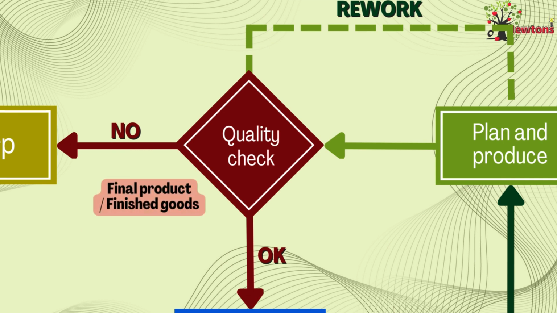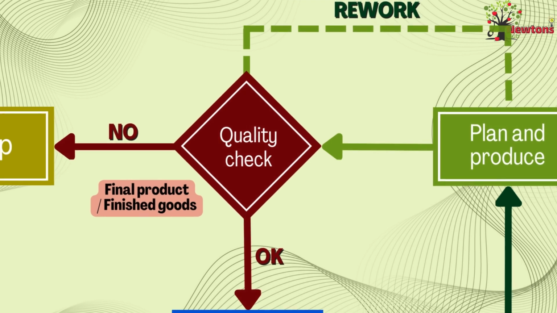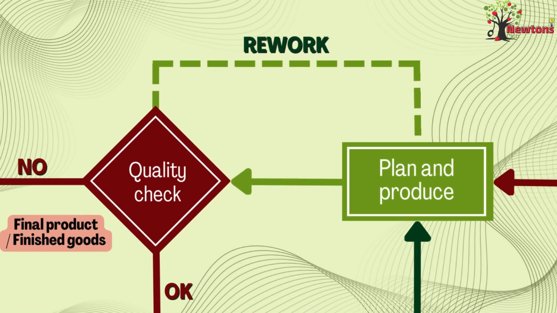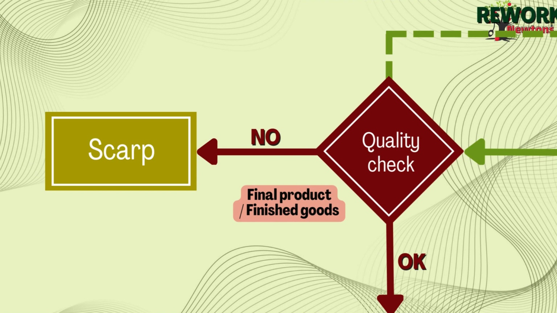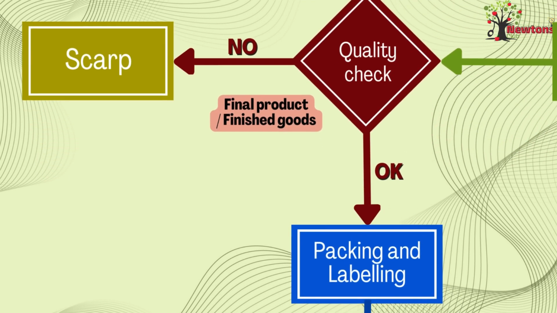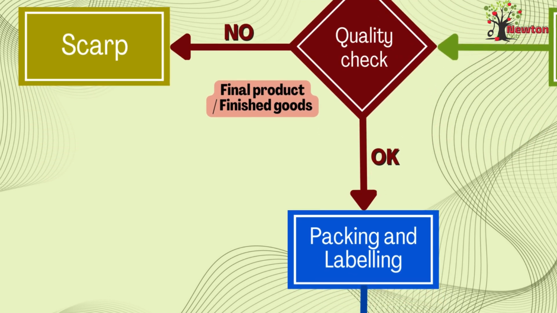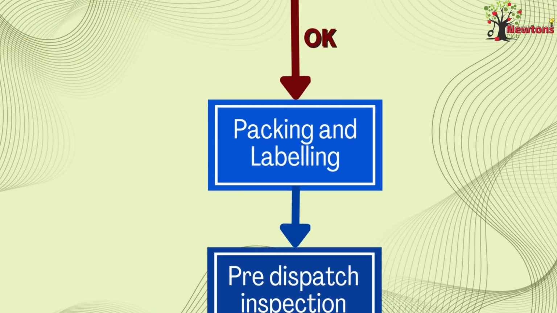Unfortunately, if the quality is not okay, in many companies, there will be a possibility of rework and the cycle continues. Finally, the material that cannot be reworked will be sent to scrap. And if the quality of the product output is okay, which is a very good thing, goods will be sent to the next section for packing and labeling.